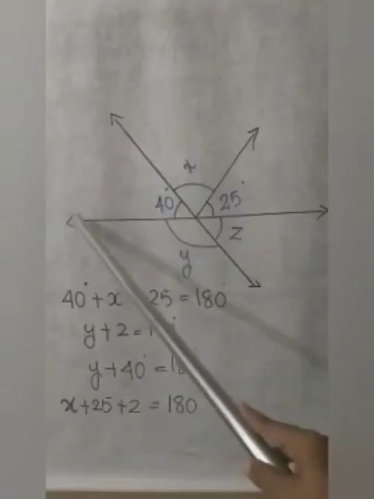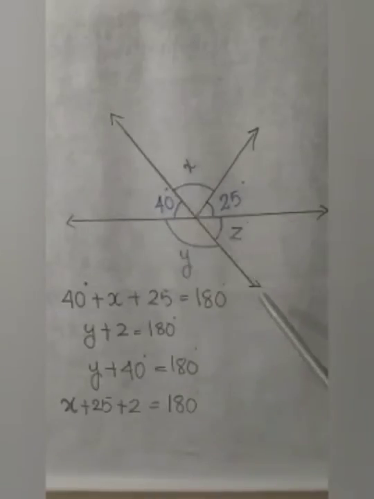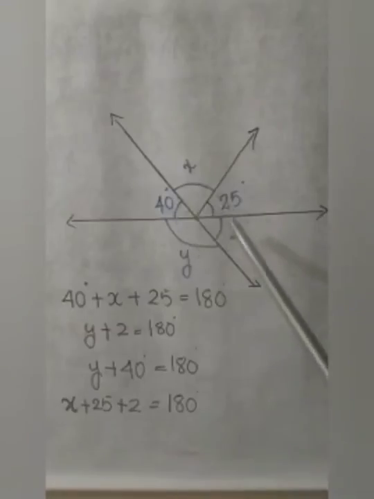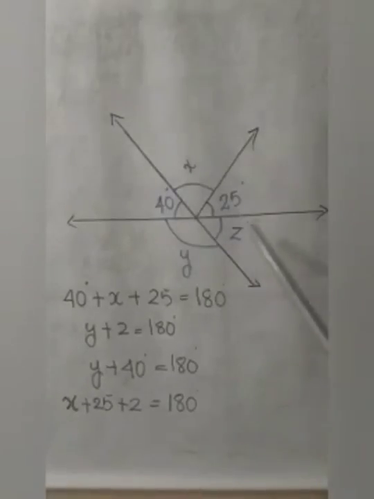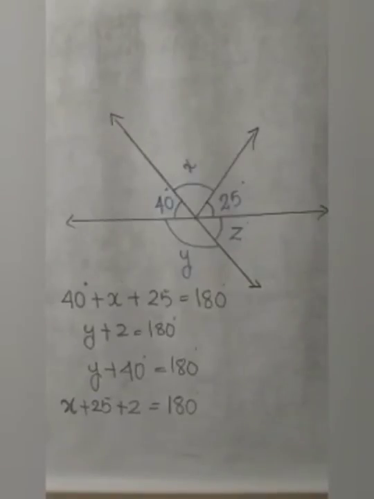look at the angles. This 40 and this z. What do you know about these two angles? We call this angle a name. Can anyone say what are they? Yes, very good. They are vertically opposite angles. So what is the peculiarity of vertically opposite angles?